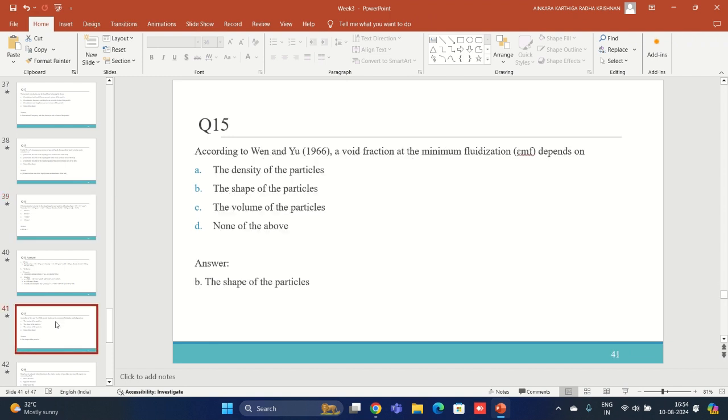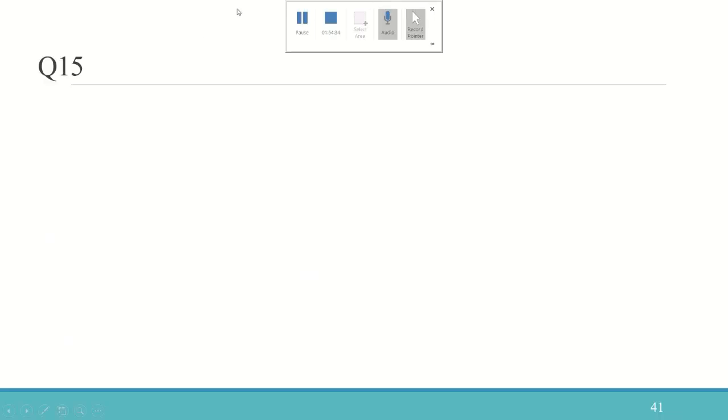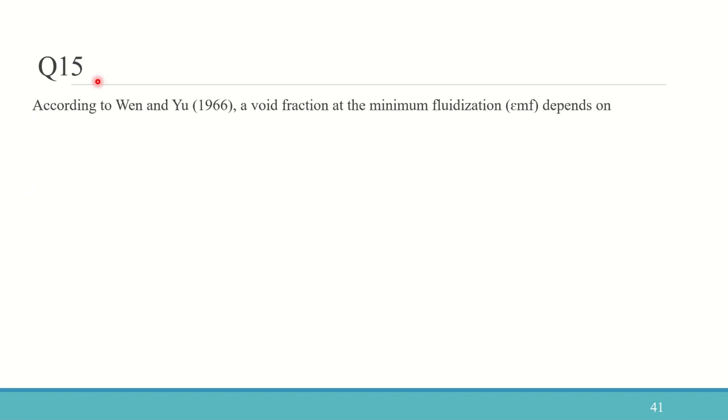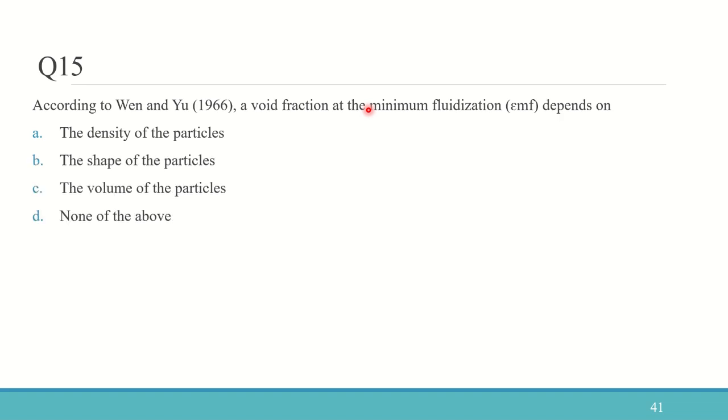Five more questions and we are done for the day. In question 15 it is asked that according to Wen and Yu 1966, the void fraction at minimum fluidization, epsilon mf, depends on density of the particles, shape of the particles, volume of the particles, or none of the above.